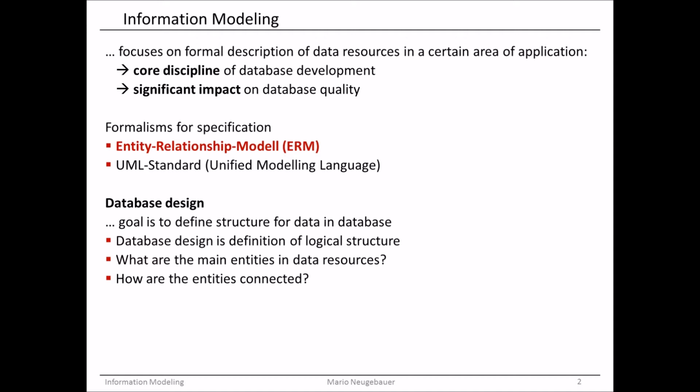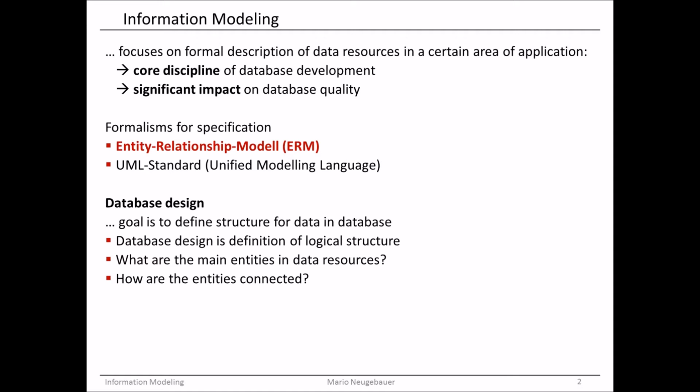This information modeling is one of the first important steps in designing something which will persist our amount of data for later. So it is a very crucial point in the overall project, and it's a core discipline for database development. What depends on information modeling is the later quality of your database.